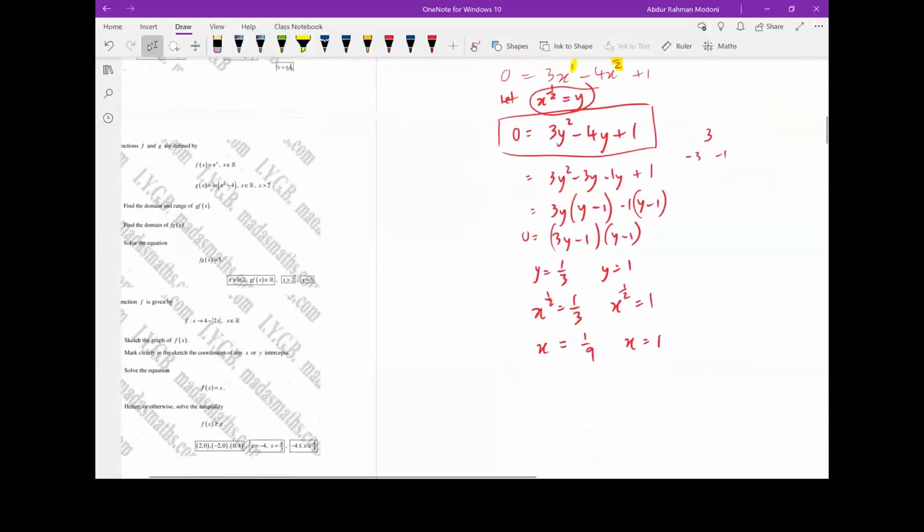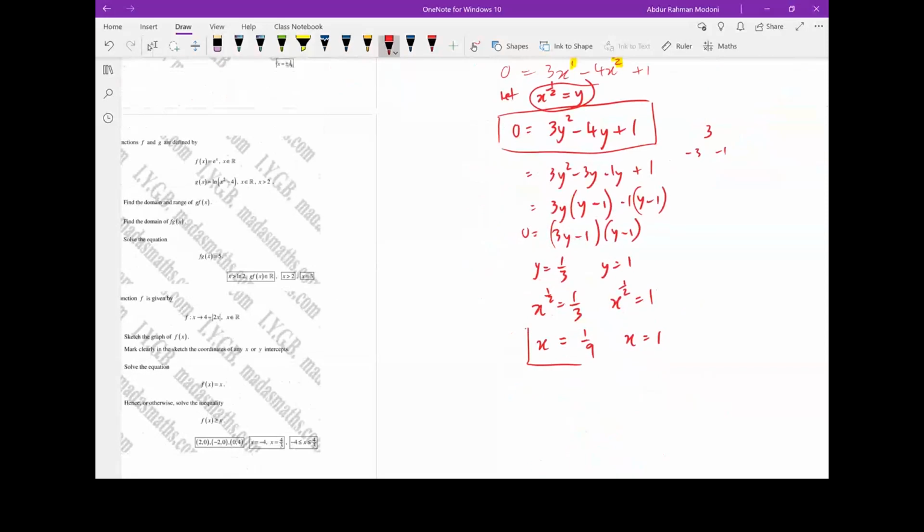We've got two values, where one is x equal to 1 over 9. That is definitely not greater than a quarter. x must be greater than a quarter was our domain, and x is a set of all the real numbers. So this does not work. So the value that works here is x is equal to 1.